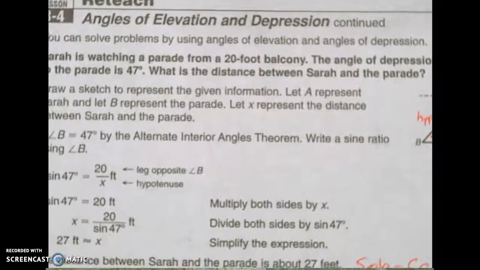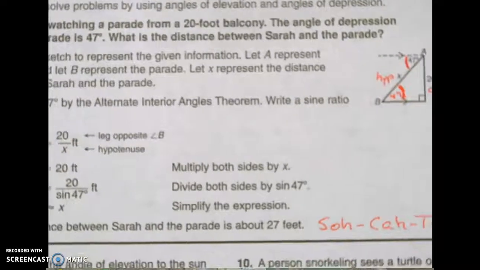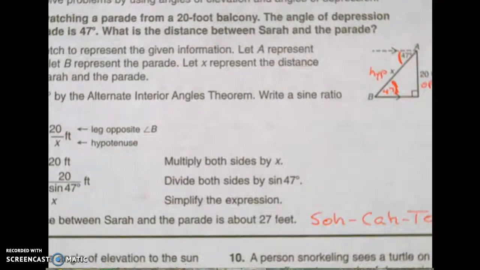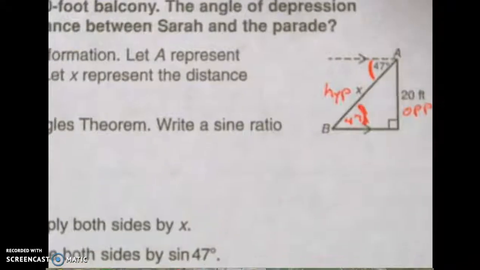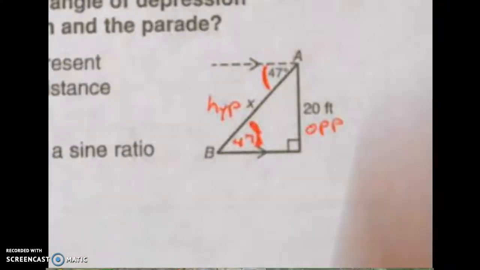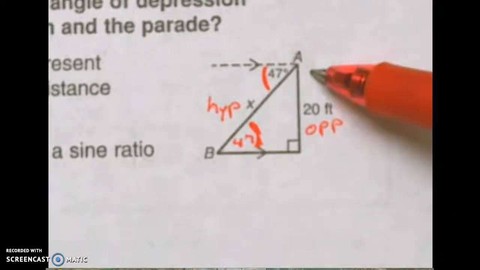On the back side of the page, we can solve problems using angles of elevation and depression, just like we can solve problems with angles in triangles. So if I'm taking a look at my picture, where Sarah's watching a parade from a 20-foot balcony, so she's up 20 feet.